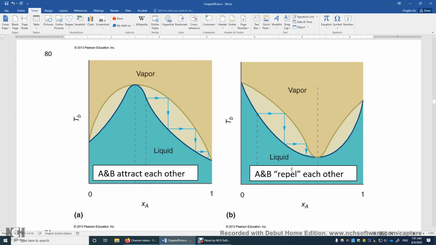And then that will destabilize the mixture compared to pure A and pure B. So over here you have pure B. This is the boiling point of pure B. This is the boiling point of pure A. But when you mix A and B, because they don't like each other, they prefer to escape from each other. That makes the boiling of the mixture a lot easier. That means the lower boiling point over here.